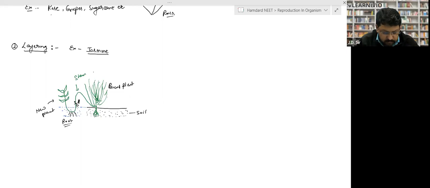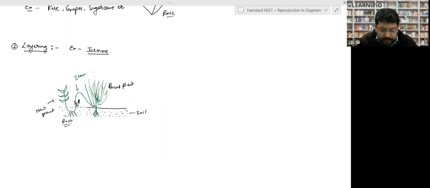After some time, new roots develop from the part of the branch buried in the soil. Full stop. The branch is then cut off from the parent plant.